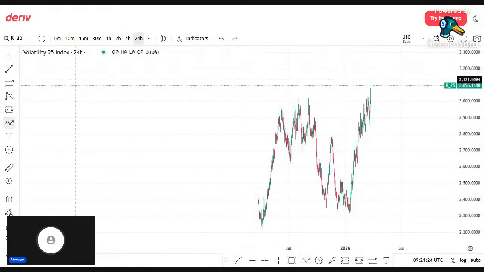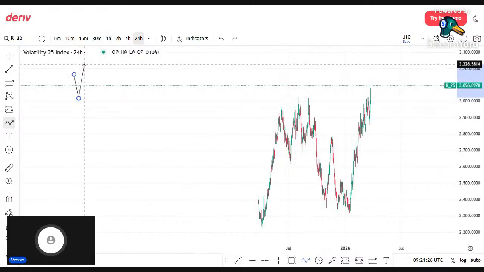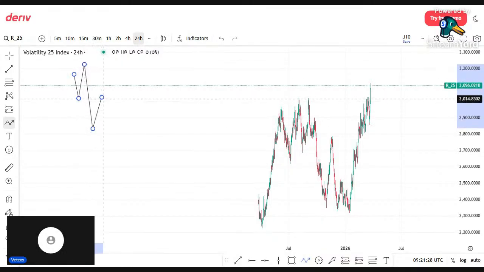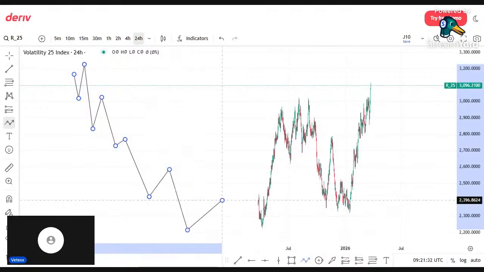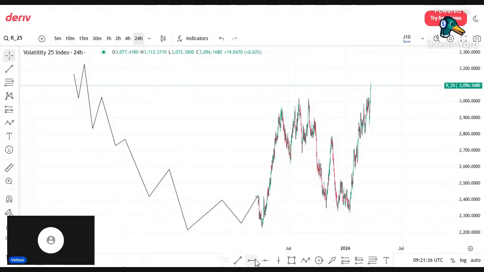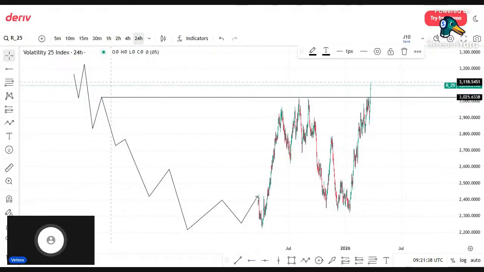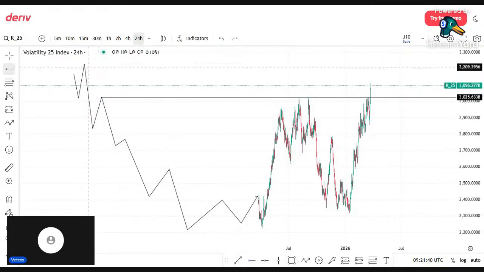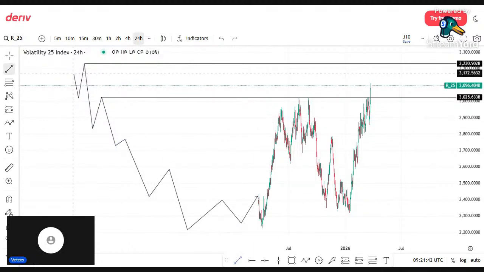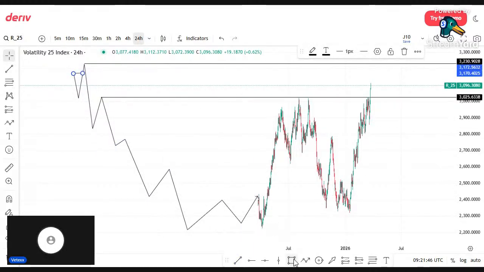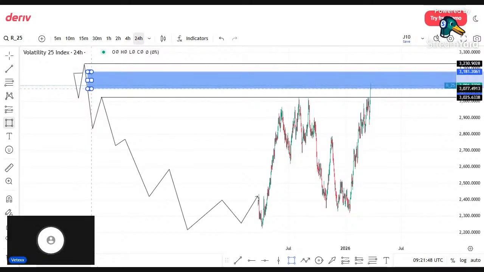Let me take it out again. So we have this on the weekly time frame. So we have this sell structure on the weekly time frame. Since price just tapped into the sell structure, it is very clear now. So this is what we have on the weekly time frame.